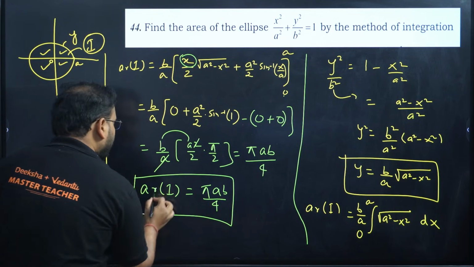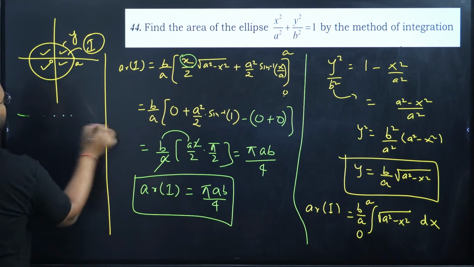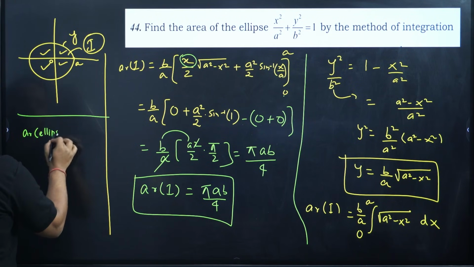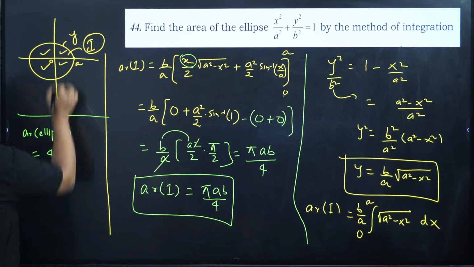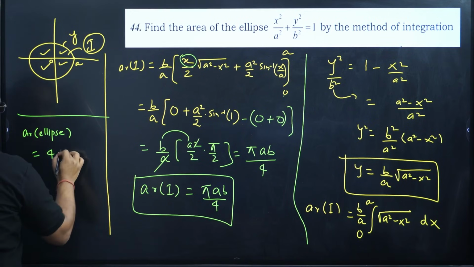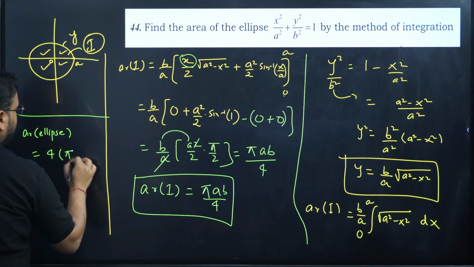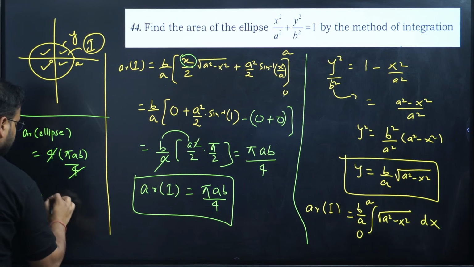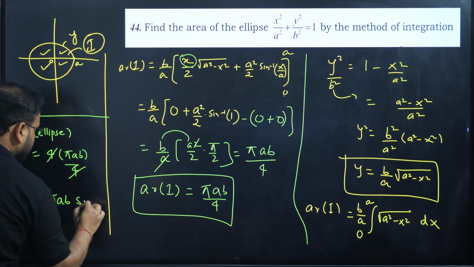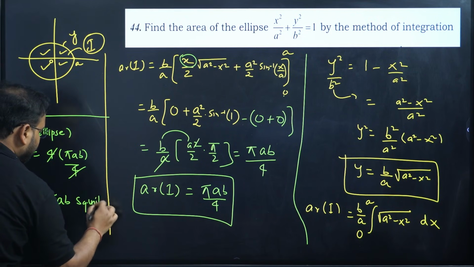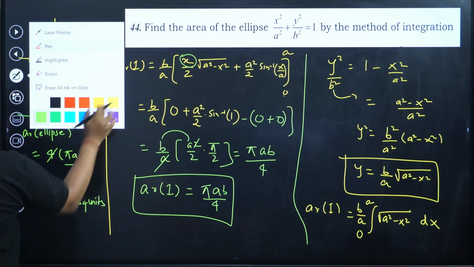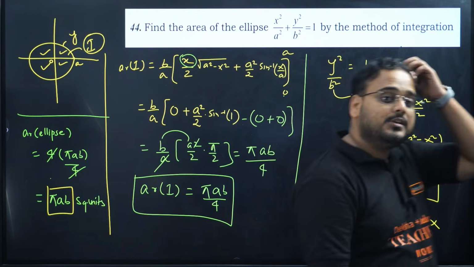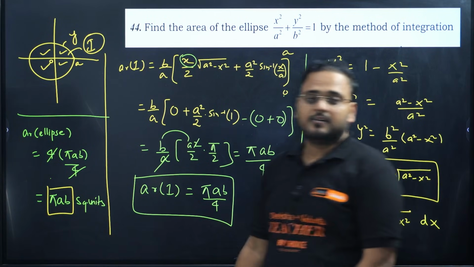But I'm looking for the area of the ellipse. It will be 4 times this value, as there are 4 parts. Pi ab by 4 cancels. My answer is pi ab square units. Please check. Pi ab square units is the final answer for the area of the ellipse.